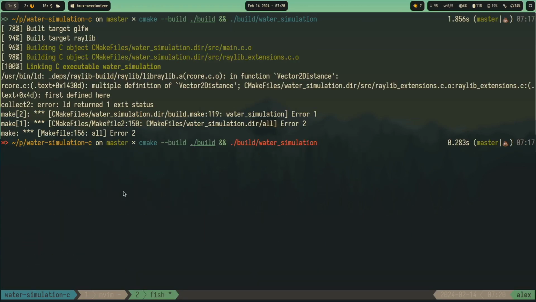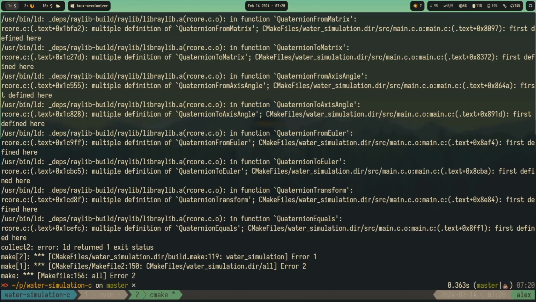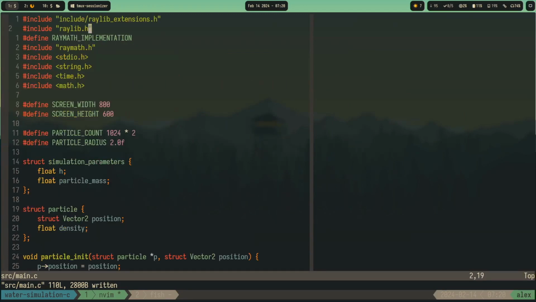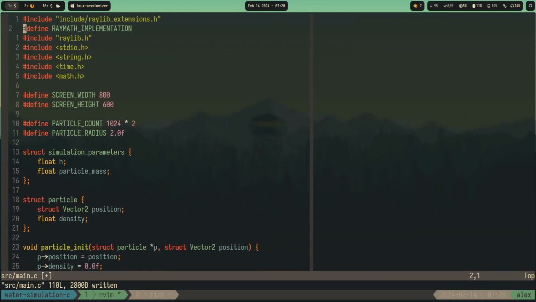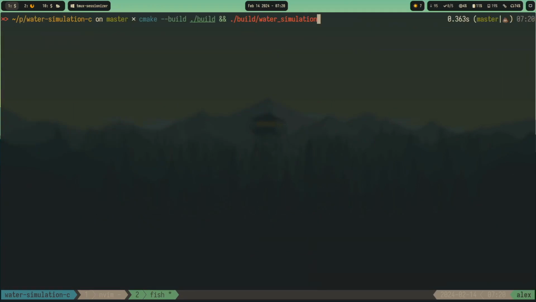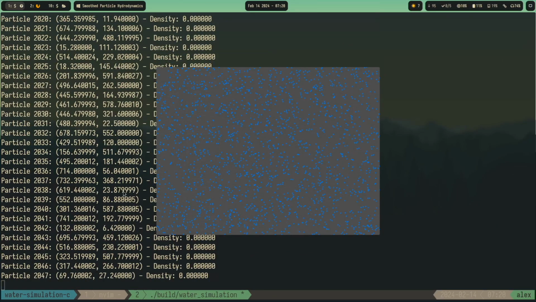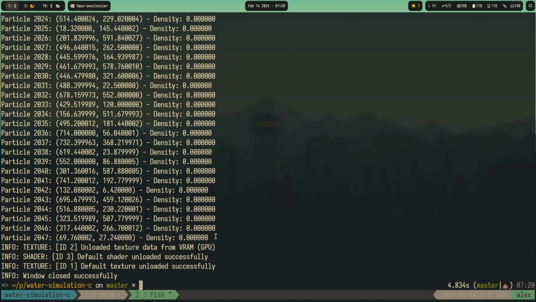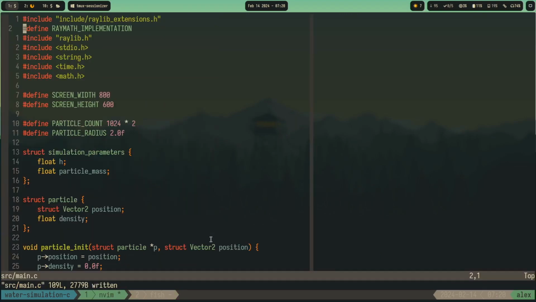So should we just do this? Okay. Yeah. So here the density is set to always 0.